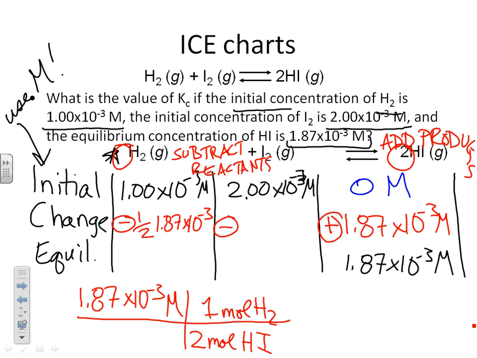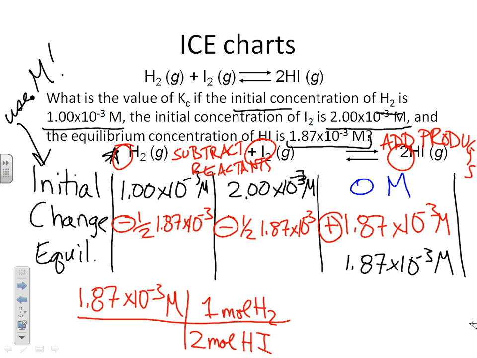Half of that, because 1 H2 makes 2 moles of HI, because of these stoichiometric coefficients. It's also going to be the same change for the I2 as for the H2, because same thing. 1 mole of I2 creates 2 moles of HI. So the amount that we're seeing for the HI is doubled in comparison with the amount that was lost for the I2. So this is going to be minus 1/2 of 1.87 times 10 to the minus third.